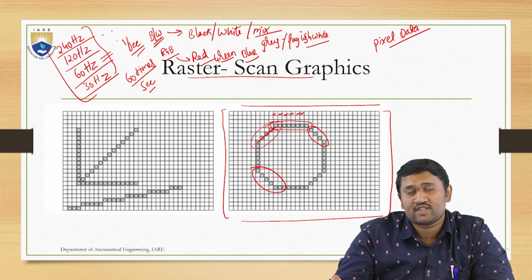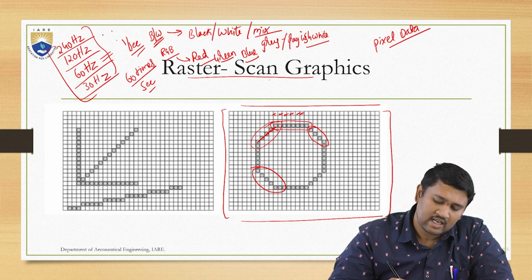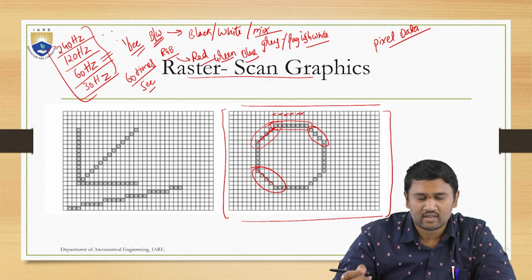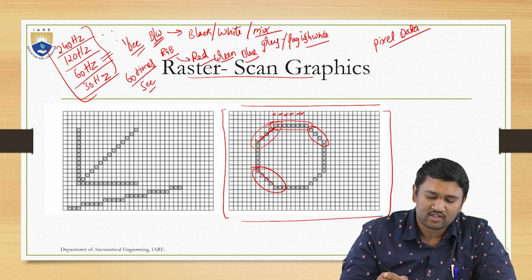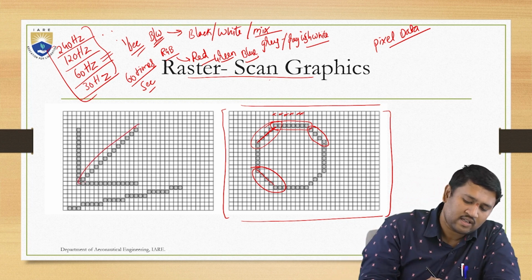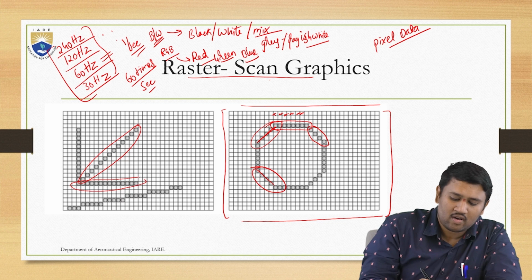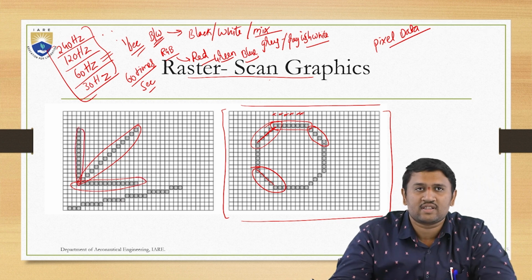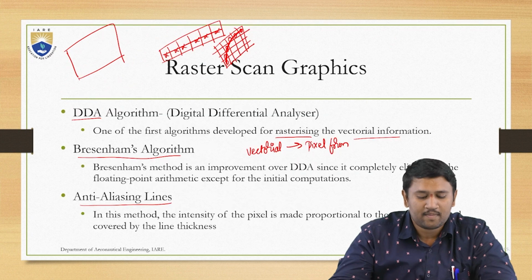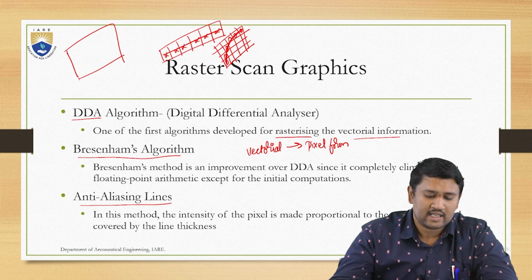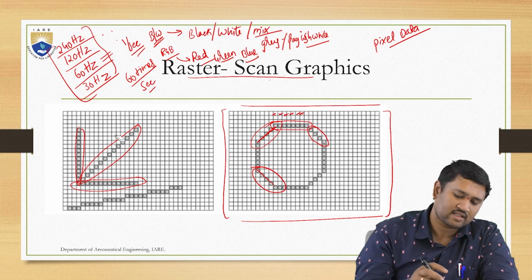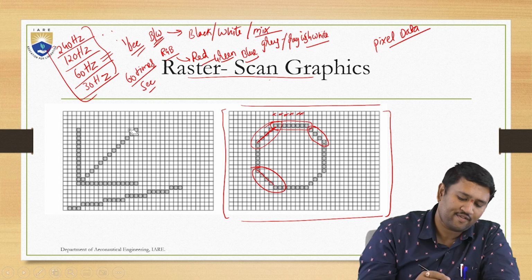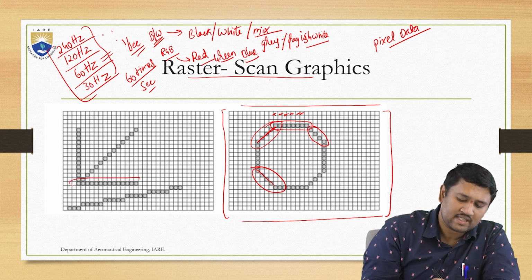If you want to show the curve of a circle, you are supposed to create a line which is inclined both ways so that your final value will be the final curve. Whereas for a straight line, you can directly point it out, whether it's inclined, horizontal or vertical. In all three ways, the DDA algorithm will just create a line pixel dot for every image data that is being generated.